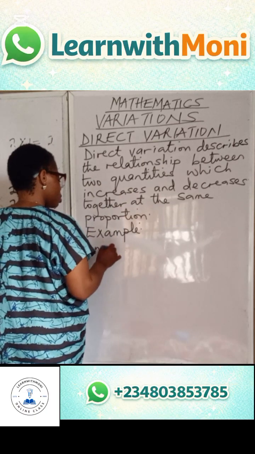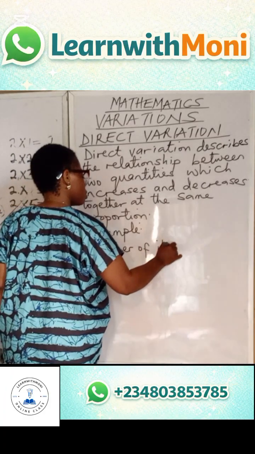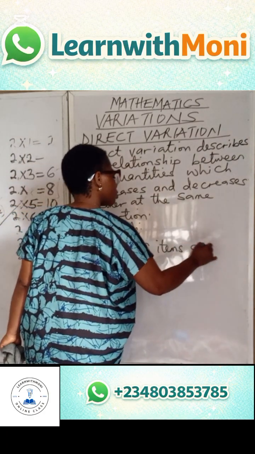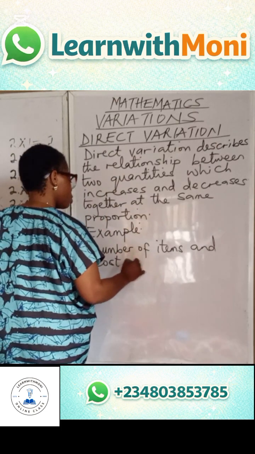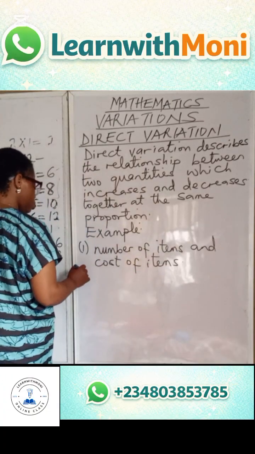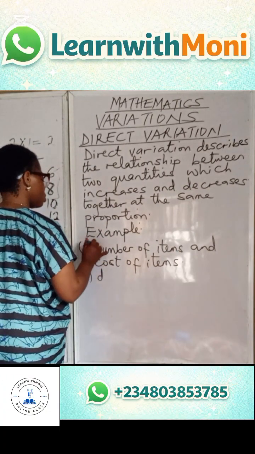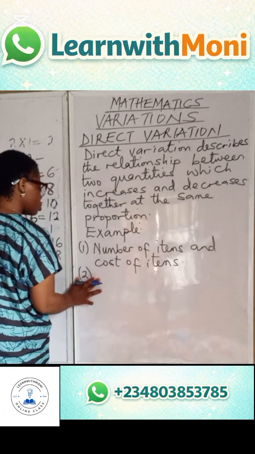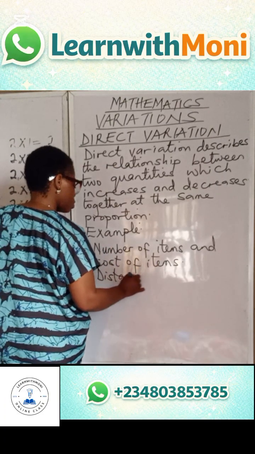Let us talk about distance, time, and speed. The longer you travel, the higher the time expected for the travel. Let me say this. If a car is traveling at the same speed, let's say a particular car is traveling at 30 kilometers per hour.